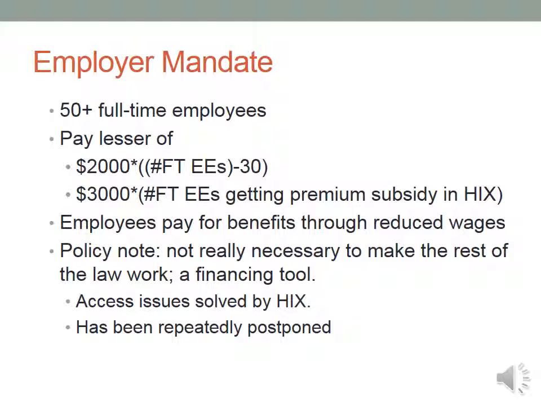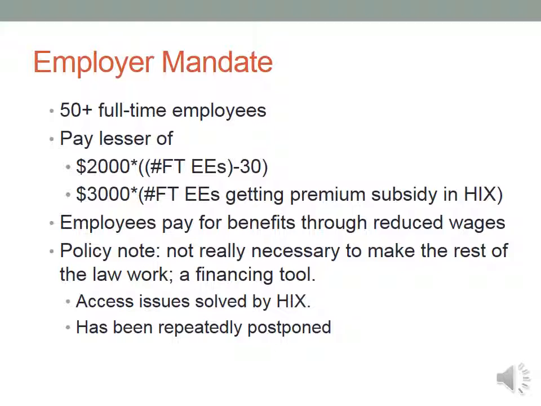The employer mandate was put in there. It's primarily a financing tool, because historically employers have been providing a lot of the insurance for the under 65s in our country.